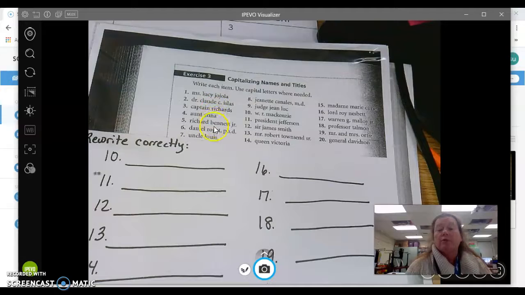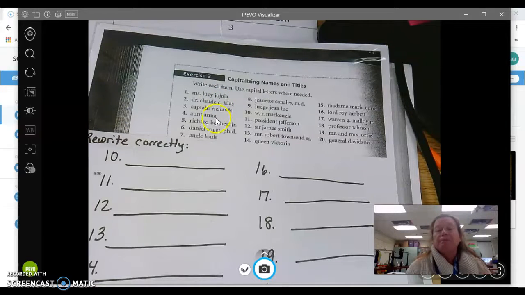You're going to do that for the first 9, each one of them. Dr. Claude C. Eilis, you're going to capitalize the D because that's a doctor, that's part of his name. Capitalize the C in Claude, the C for his middle initial, and the E.